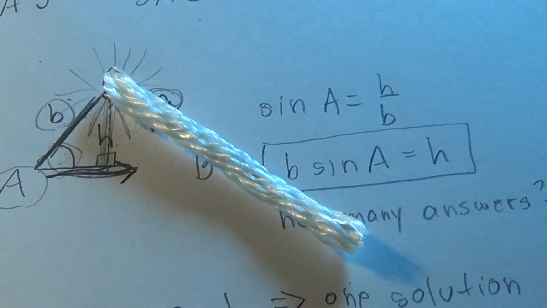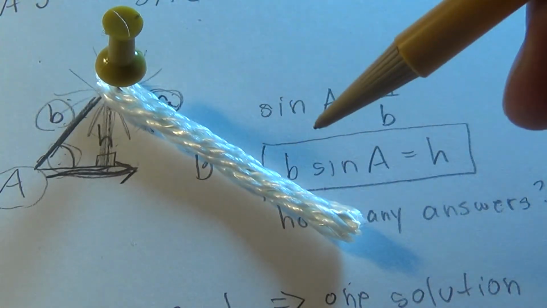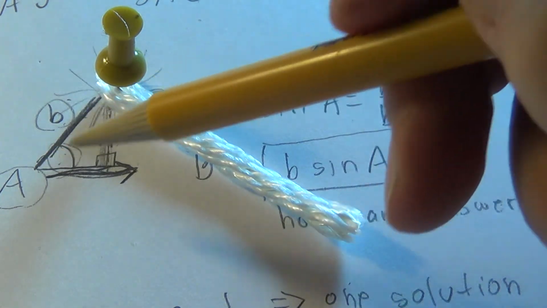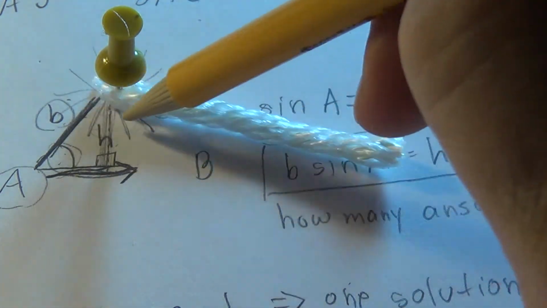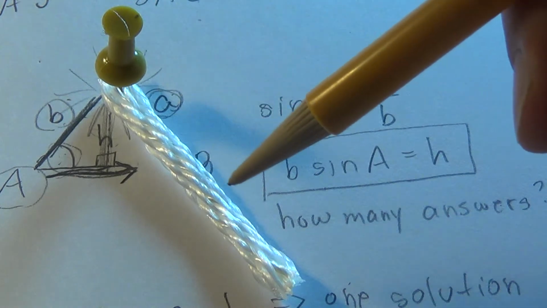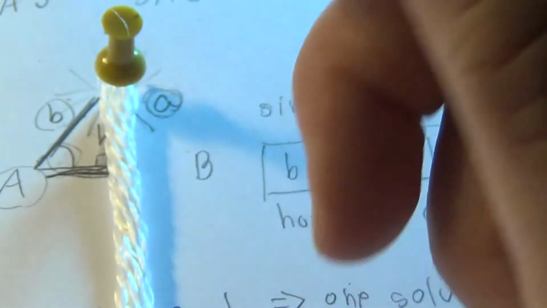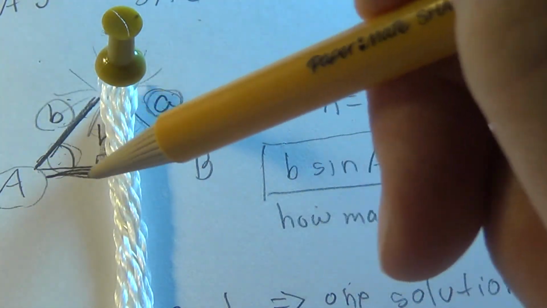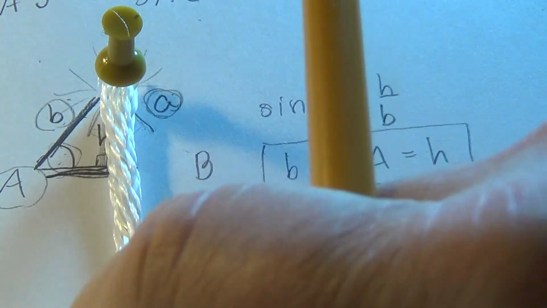Let's see if I have a push pin on my desk here. All right, I'm going to pin that in there. So say this is side A. It's obviously exaggerated. It's way bigger than B. And remember, we don't know this angle, so I can swing it around and put it where I want to make a triangle. If I swing it around, I can't make a triangle when it's over here or here because this side is cemented at this angle.